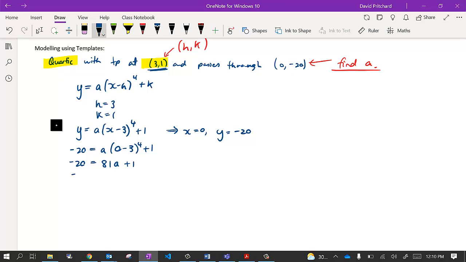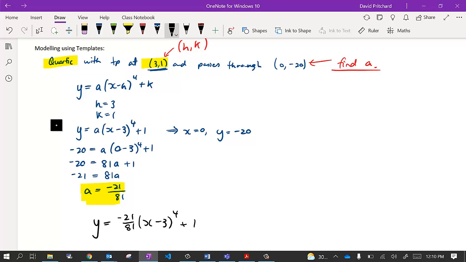Subtract 1, we've got negative 21. Divide by 81, and we end up with a is negative 21 on 81. Beautiful, we've got our a value. So our final answer is just stating the model that fits the scenario, and that is y is equal to negative 21/81 (x − 3) to the power of 4 plus 1.